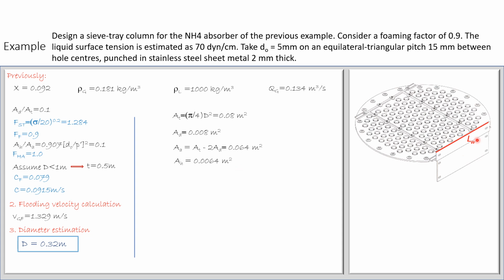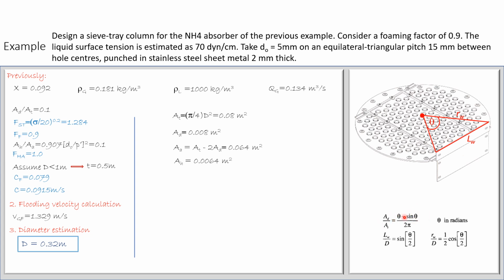Now what's remaining is LW, the length of the weir. Remember, this is not the height of the weir, it's the length of the weir. And RW, which is the distance of the weir from the center of the tray. To know that, we need to know the angle theta that is connecting the weir to the center. Theta is related to AD over AT, and AD over AT equal to 0.1 is already determined.